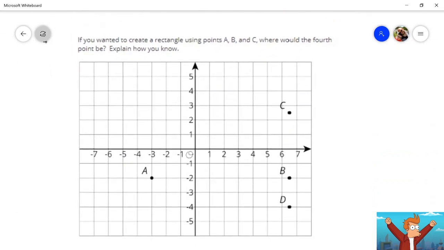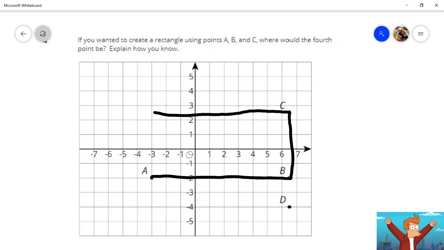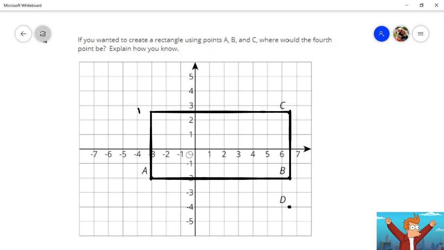If you wanted to create a rectangle using points A, B, and C, where would the fourth point be? All right, I like this. A, B, C, be right there. So what is that?